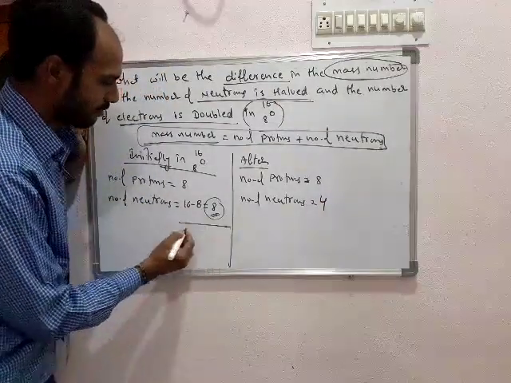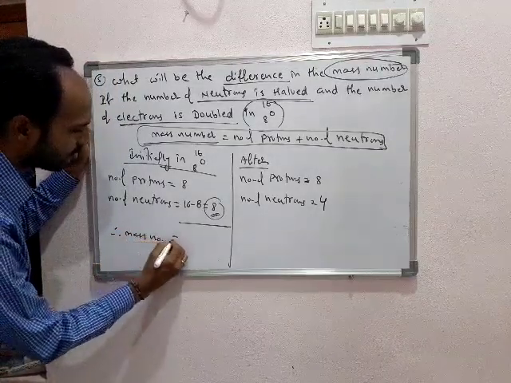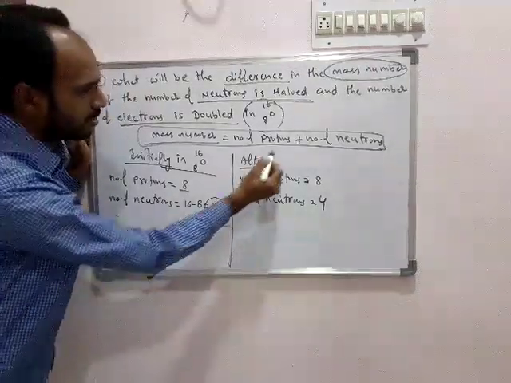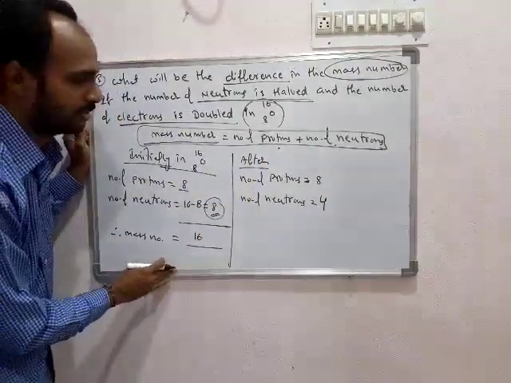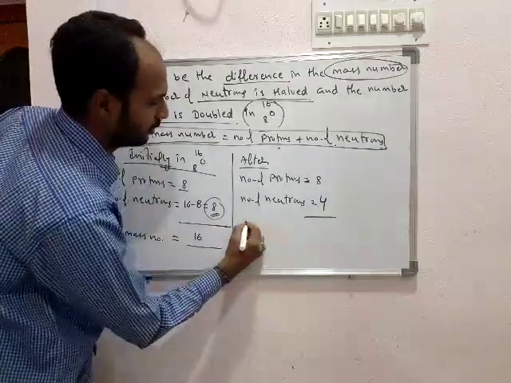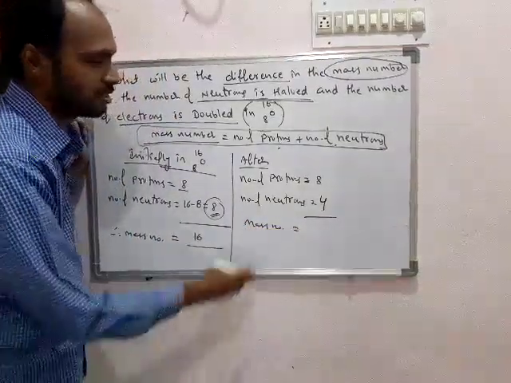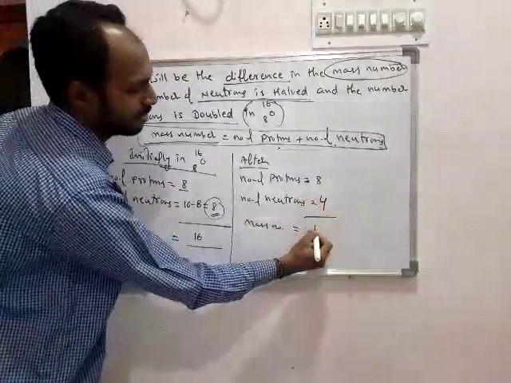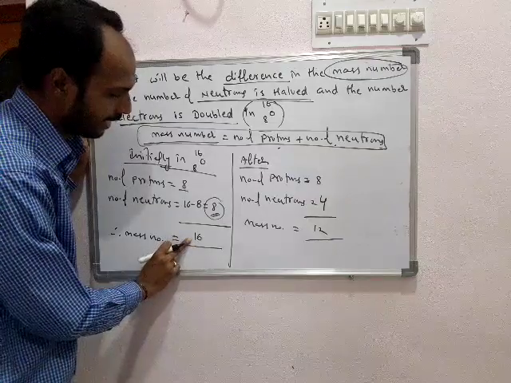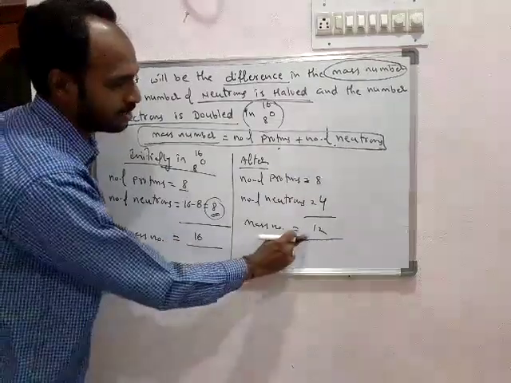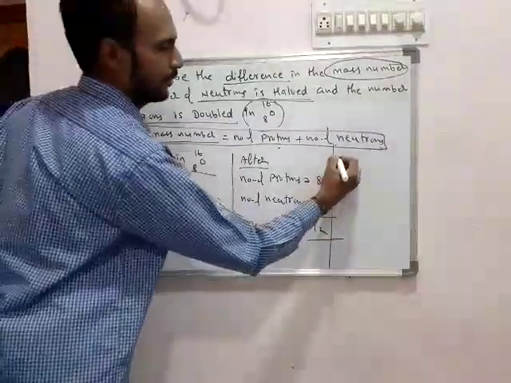Now what is the mass number? The mass number equals protons plus neutrons. Initially it is 16. After the number of neutrons is halved, the mass becomes 12. So what is the difference in the mass? At first its mass is 16, and it decreased to 12. So what is the change in the mass?